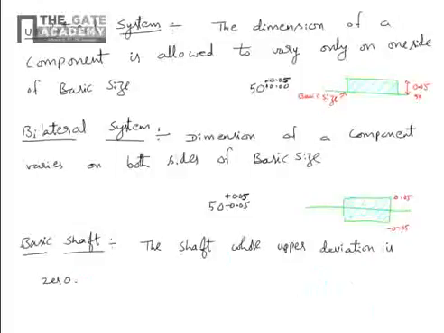If you take the same example, shaft upper deviation, so this is 50 minus 0.05, this shaft is represented as 50 plus 0.00 minus 0.05.